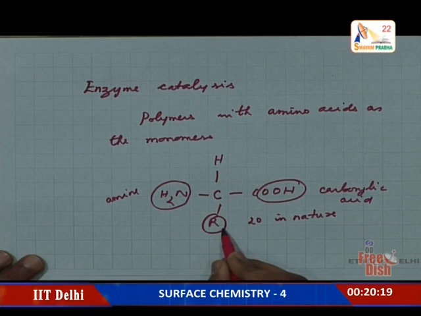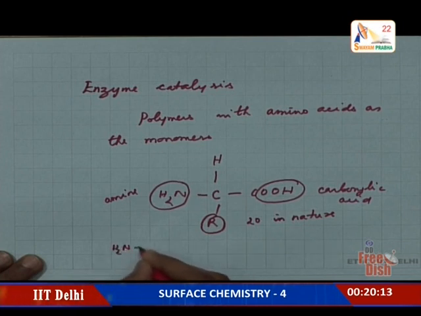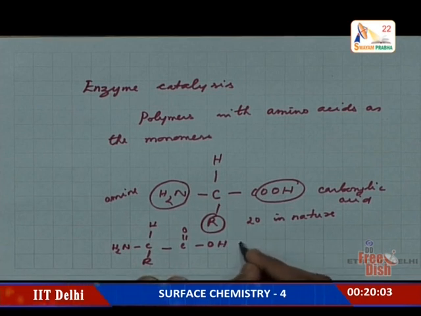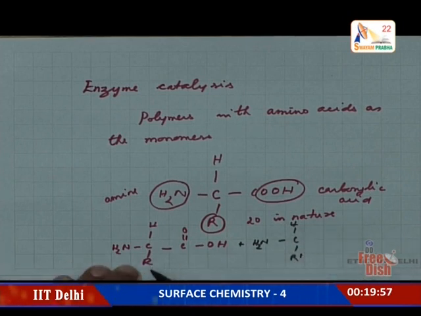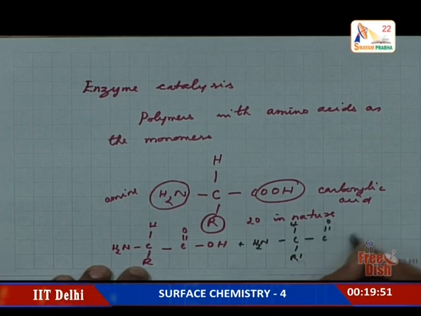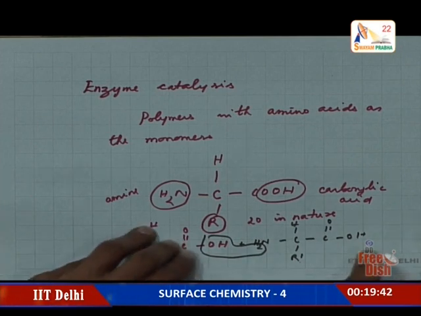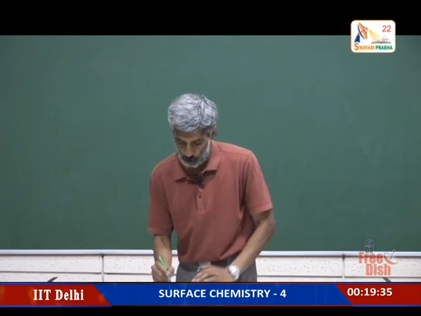So, there are 20 different R's, and you take one amino acid like this, you put it beside another amino acid where I have a different R, call it R prime, and now I lose a water molecule from here, and if I lose a water molecule from here, I have what is called a dipeptide, which looks like this.